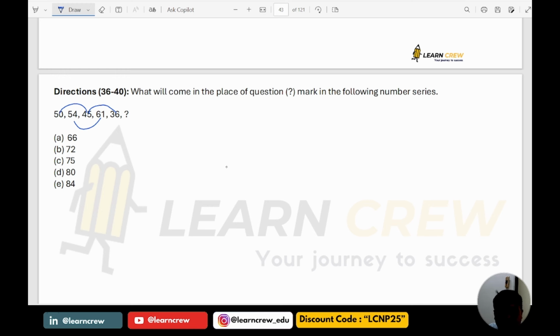So I can directly do it this way. See here, plus 4, minus 9, plus 16, minus 25. So 2 square, 3 square, 4 square, 5 square. Next 6 square is 36, plus 36, 72 is the answer.